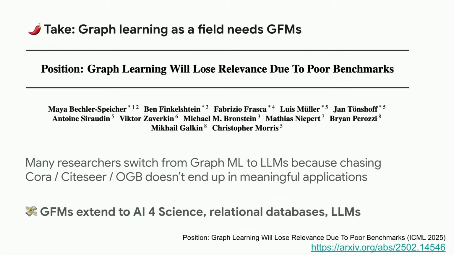One of them is to actually switch the setups for graph learning to foundational setups, meaning to measure actual generalization and how one single model can run on very different tasks and applications and graph distributions. So it generalizes and extends pretty much to all areas, to science, to databases, and LLMs. So I would invite you to check out some of the observations that we made in the position paper.